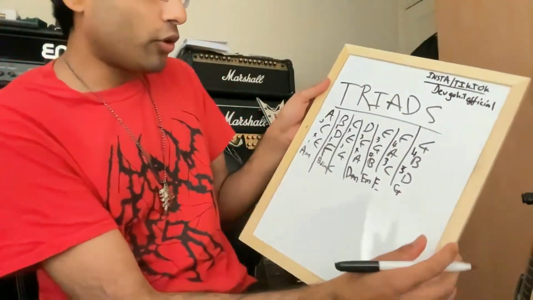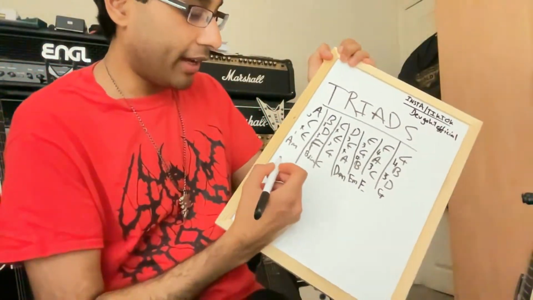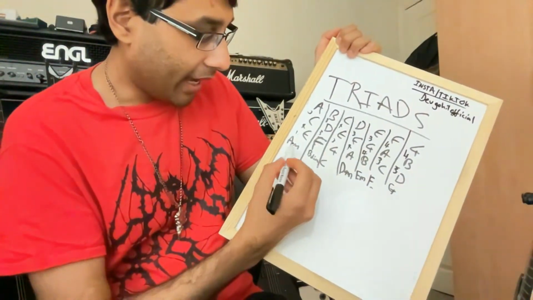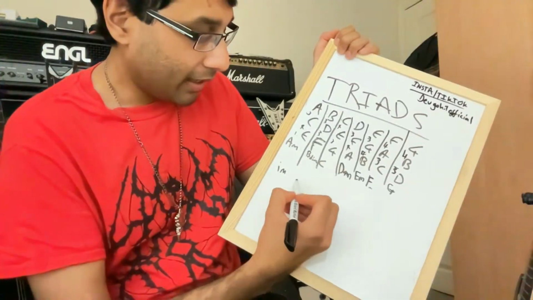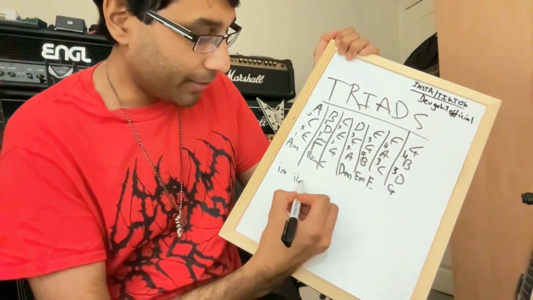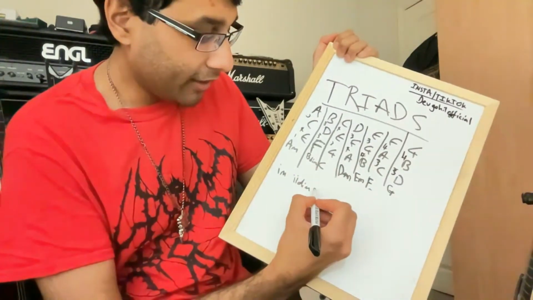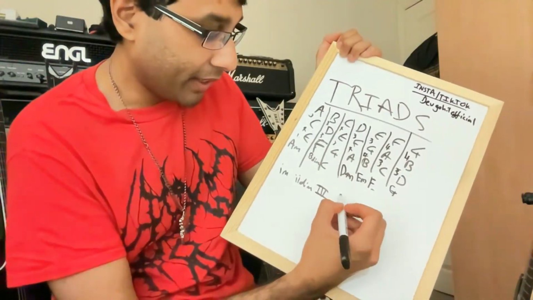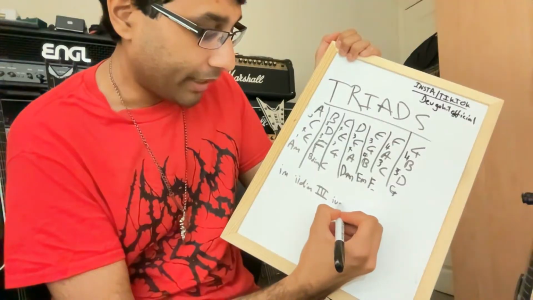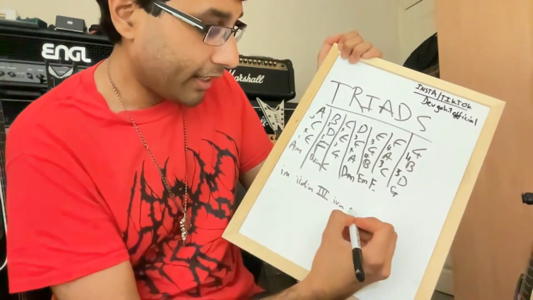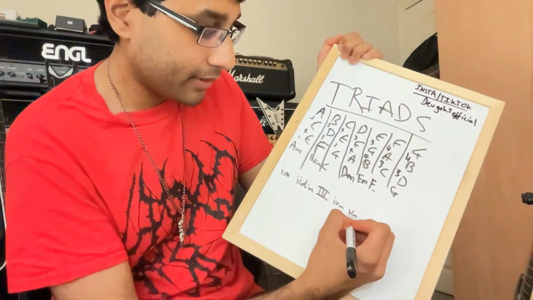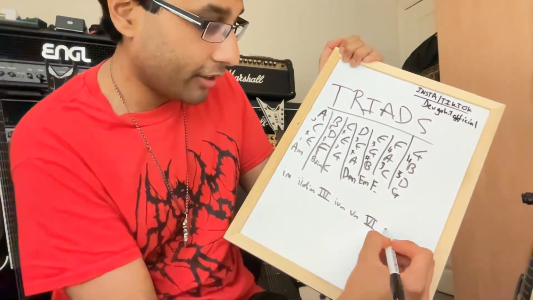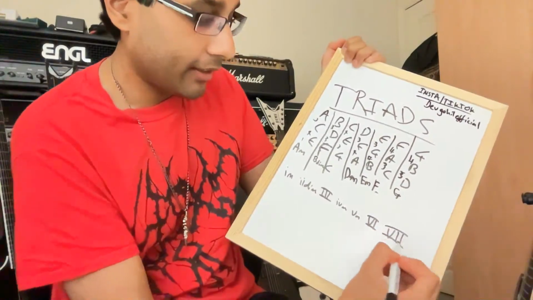Each one of these chords has a numerical value. So A is the 1 minor, B is the 2 diminished, C is the 3 major, so we just keep that as capital. D, we have the 4 minor, E, the 5 minor, and F, the 6th major, and G is the 7 major.